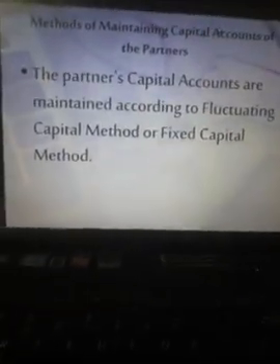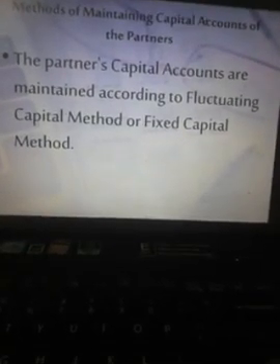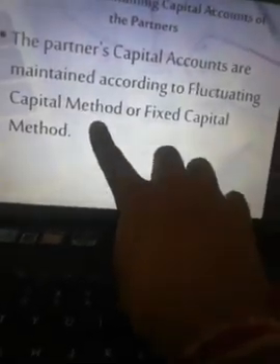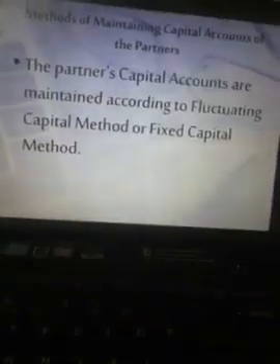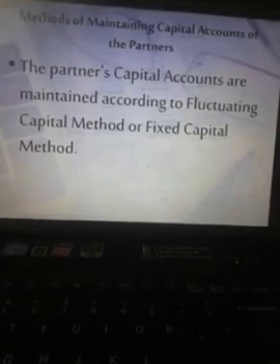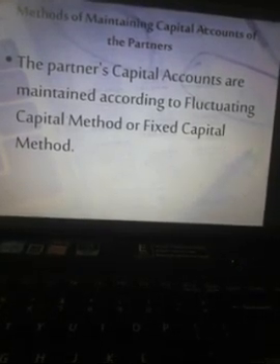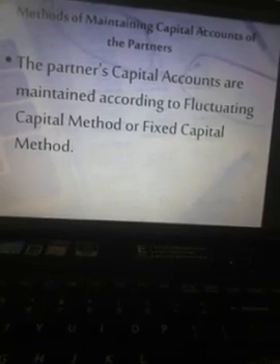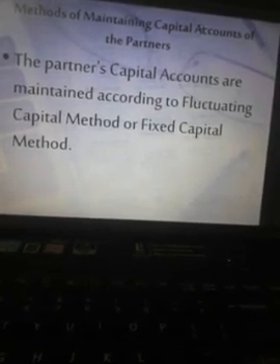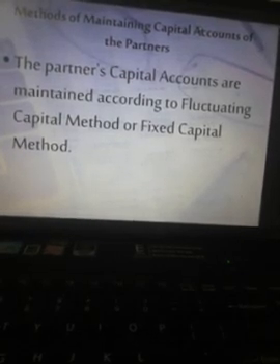Class, let me tell you that for preparing the partners capital account, we have two methods, that is the fluctuating capital method and the fixed capital method. So how will you judge what kind of method has to be followed? Class, if it has been mentioned in the question that the partners capital are fixed, the first thing you have to notice is that the partners capital are fixed.